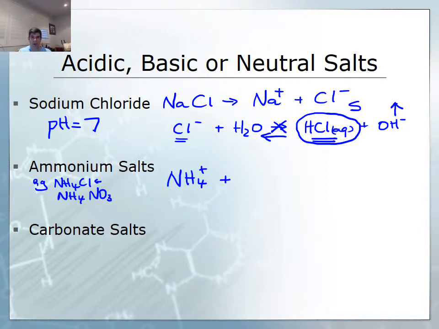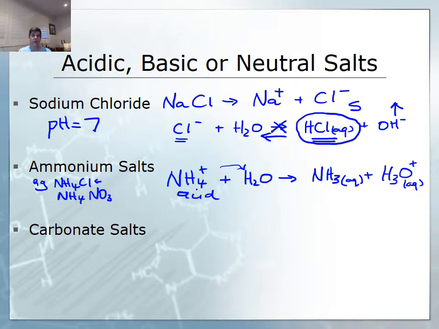Well, what the ammonium ion does is it is going to react with the water, and when it does that, this is going to act as an acid. And if it does that, it's going to donate a proton to this one, which is going to be in aqueous solution. And because it's donating, it's going to produce the hydronium ion, H3O+, aqueous.